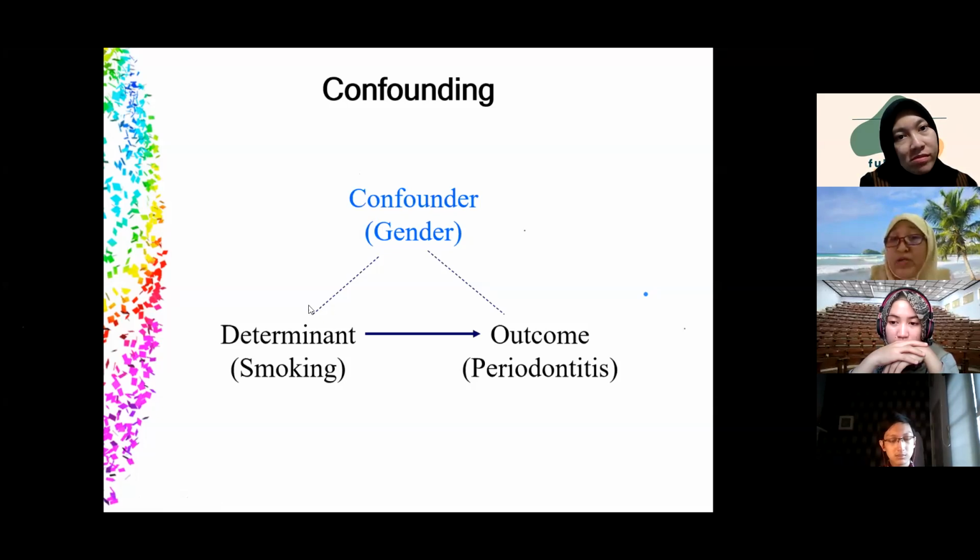If the sample in the study consists of 90% male, yeah, and also gender also associated with periodontitis, yeah, and your result will show, smoking really cause periodontitis, but it is not because the actual association, but because you have more males in your study. So what should the study do? The study should actually stratify the result. For the male berapa, for the female macam mana, untuk understand the real association, whether there's a true association between smoking and periodontitis.